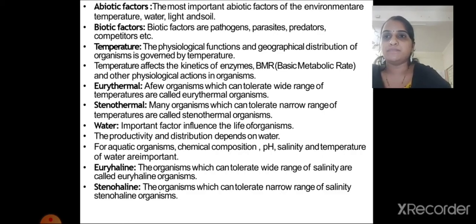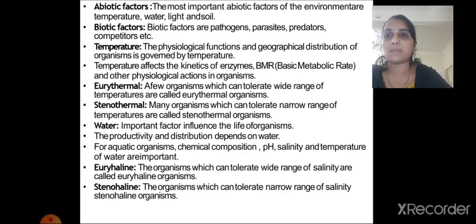In that, first we will start with temperature. First abiotic factor is temperature. The physiological function and geographical distribution of organisms is governed by temperature. If the temperature is high, the population of different species in that particular area will be less.